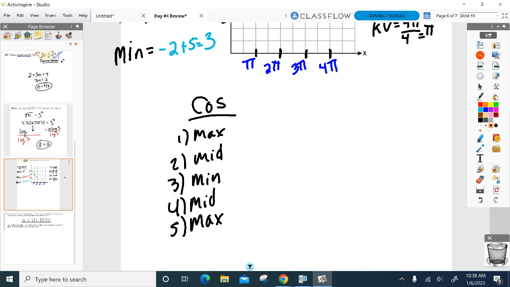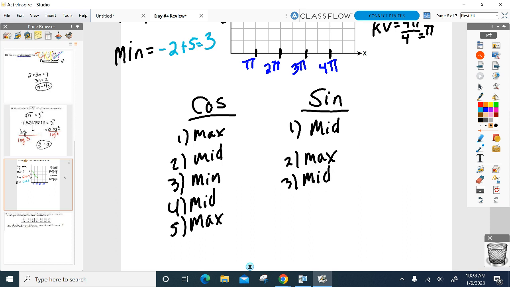Now remember, anytime it has a negative out in front, wherever you see min and max is opposite. Okay? Anybody want to go over sine with me? Starts at the midline, then goes to its max, back to midline, minimum, and then sine always ends at midline.